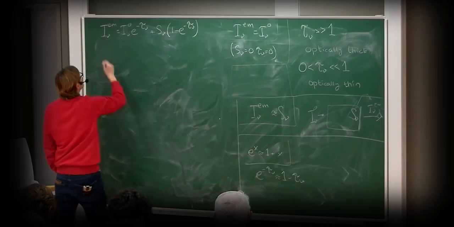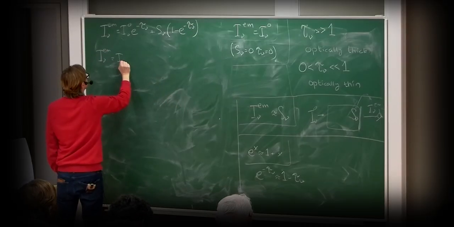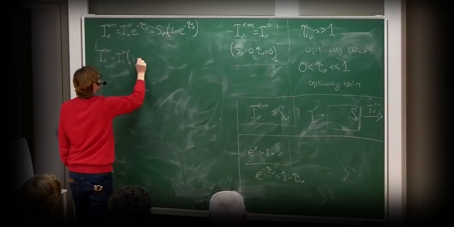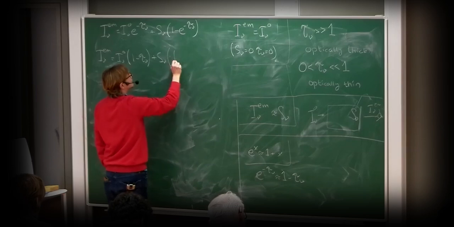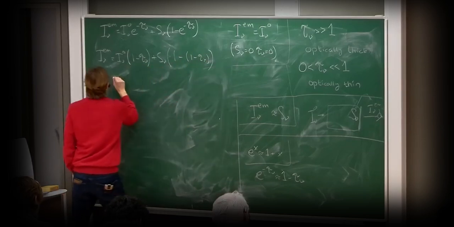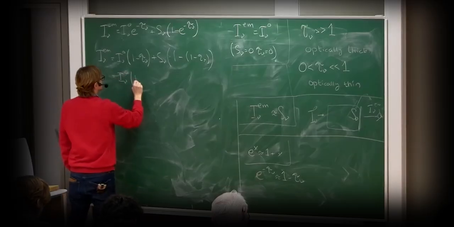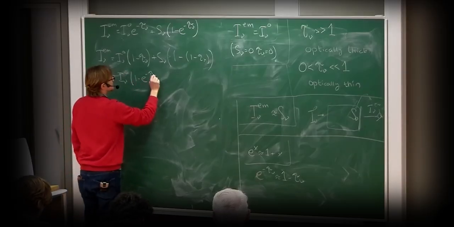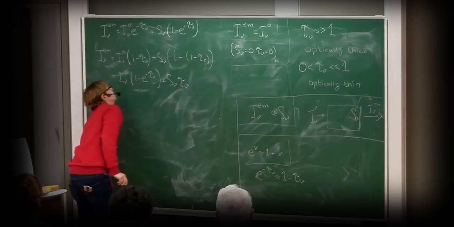Okay. So then we have I_ν emergent equals I_ν0 (1 − e^(−τ_ν)) plus S_ν (1 − e^(−τ_ν)).